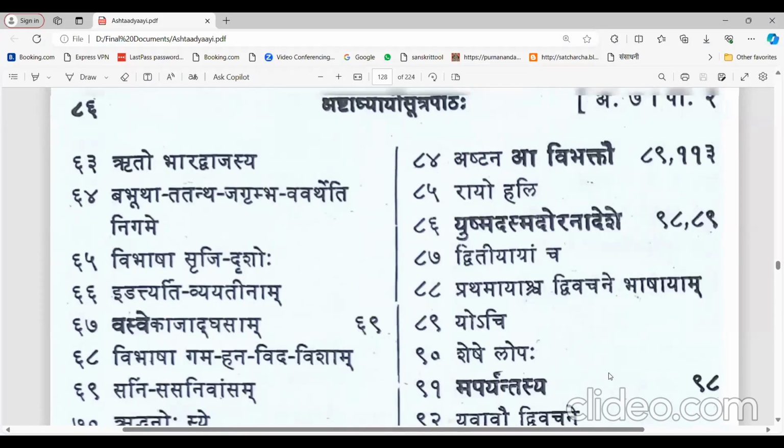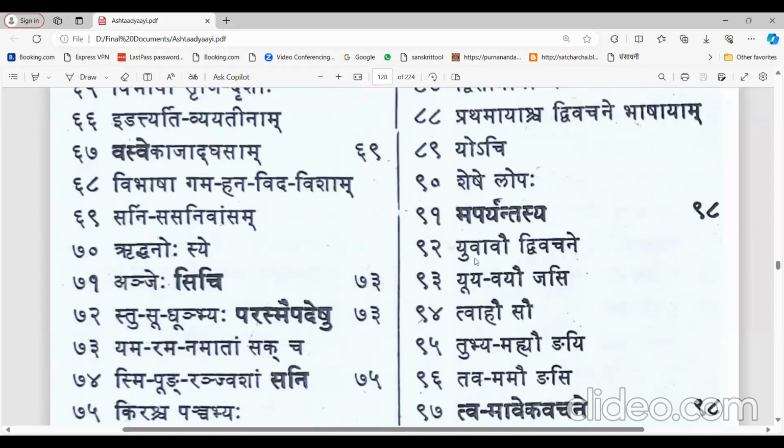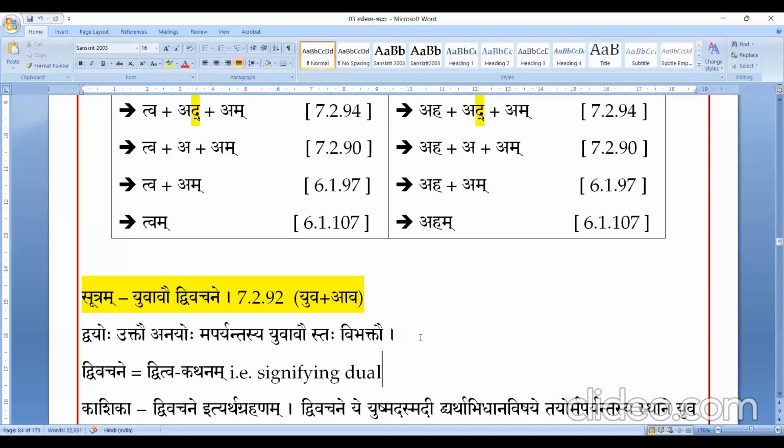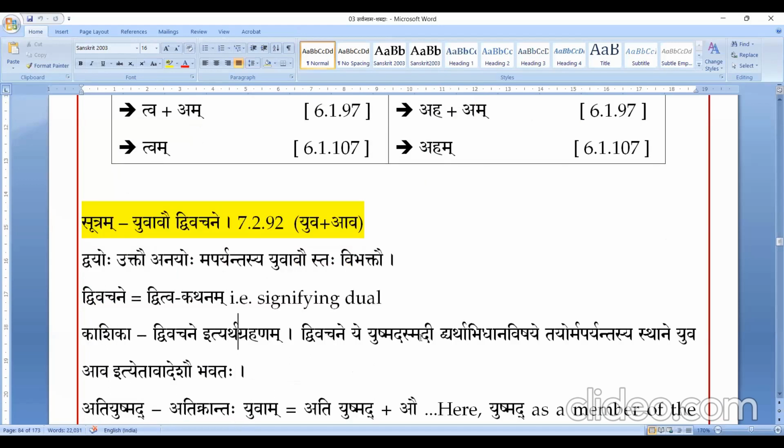Ashtan Shabda we have seen. There, the word Vibhakti flowing down as Anuvritti goes up to 113, and we are in the sutra 7:2:92. So when Dvivachana Vibhakti Pratyaya follows, Yuva Ava Adeshau Bhavataha, Ma Paryantasya Yushmad Asmadoho. Here Dvivachana is Dvitva Arthaka, Dvivachana iti Artha Grahanam Atra.